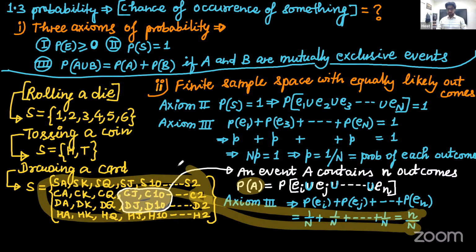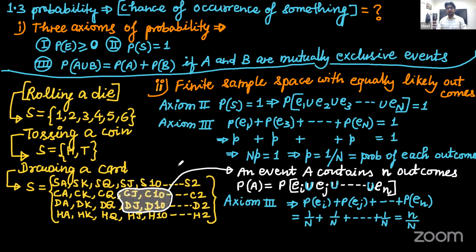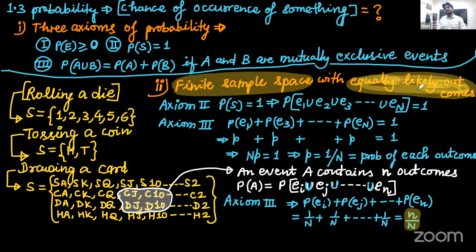Is that the universal definition of probability? No. People usually present this as a definition of probability. That's wrong, because this is only valid for finite, countable sample spaces with equally likely outcomes.